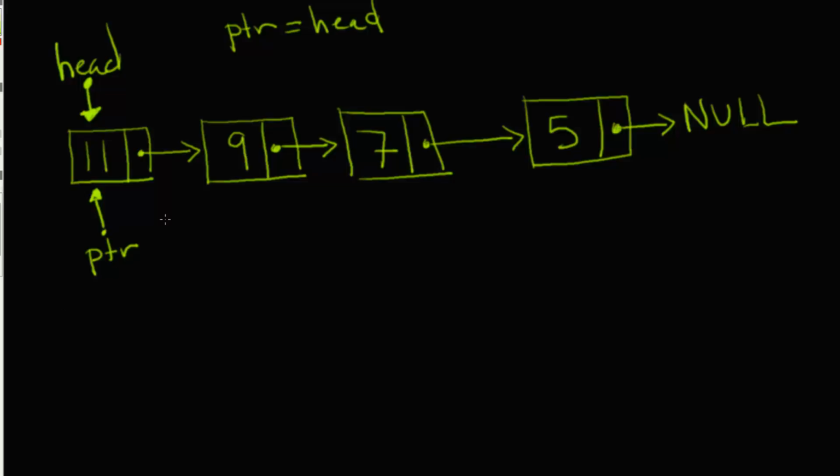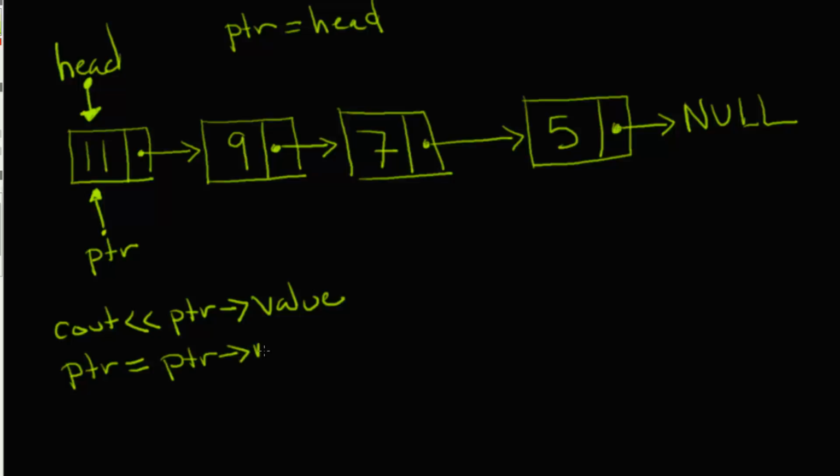Then I did cout ptr, and then whatever is in value, right? So this cout printed the 11. Then the next thing I did in my while loop is I reassigned ptr. I did ptr is now ptr next.